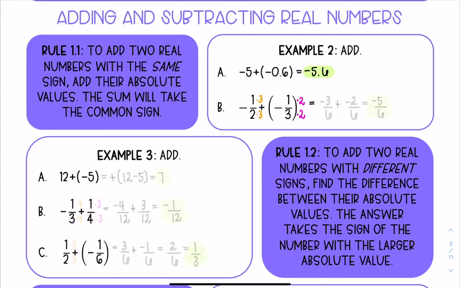So that's like having -3 over 6 plus -2 over 6. When we add fractions, we keep the denominator the same, we just add the numerators. So -3 plus -2 is going to give me -5, and then we just keep the denominator as 6.